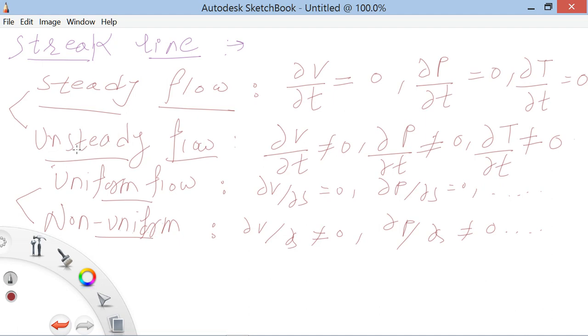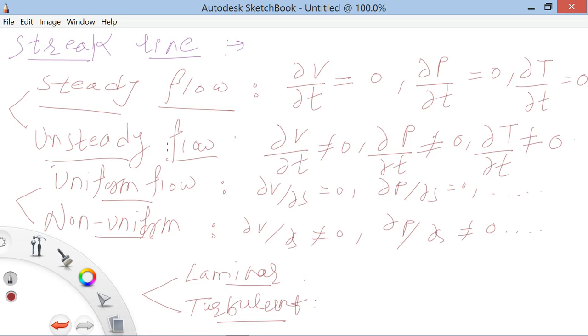Simple definitions are there. Now the third difference is laminar and turbulent flow. Now what is the difference between laminar and turbulent flow?